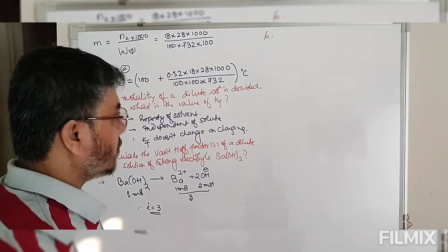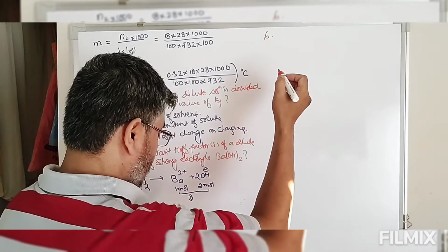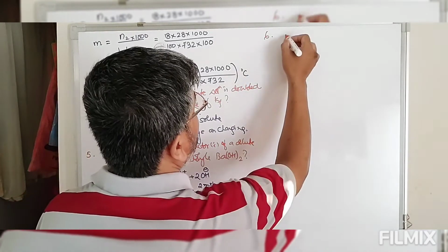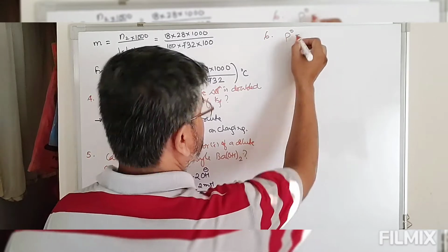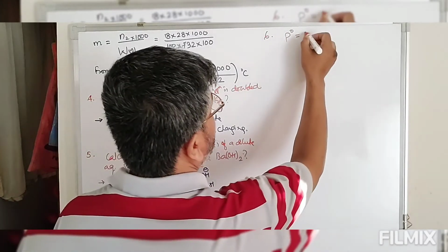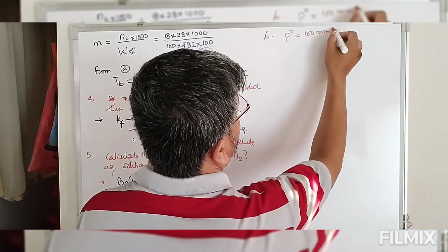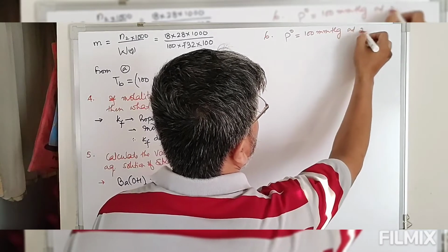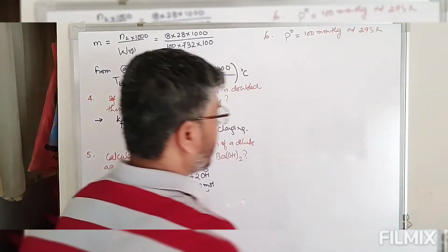Next question says, the vapor pressure of pure solvent is 100 millimeter mercury at 293 Kelvin.